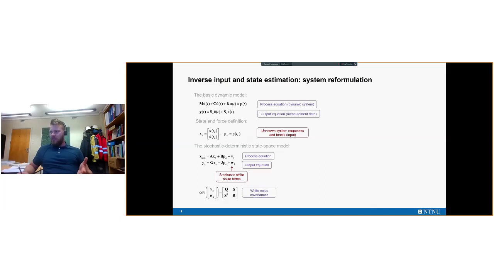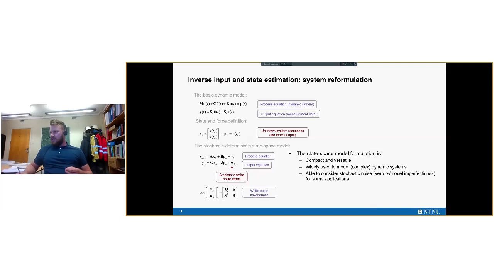So this again has a process equation which describes the dynamics in time, and an output equation which describes the measurements we make. In addition, we have added some stochastic white noise terms that have some covariance, and these terms allow for uncertainty modeling, so to speak. So it is these terms that regulate the errors in a model and also the measurement noise on our measurement data. So these terms later help filter out errors that we cannot account for.